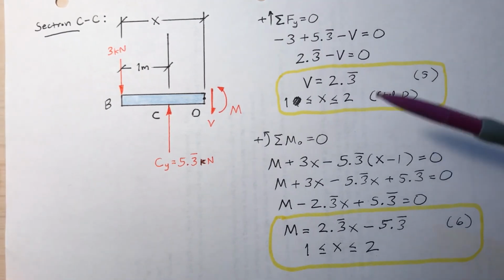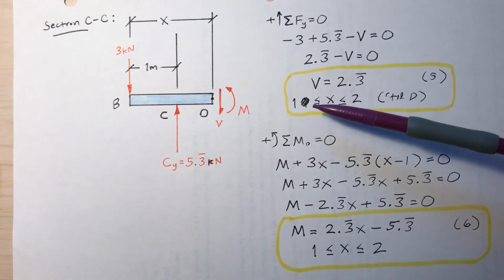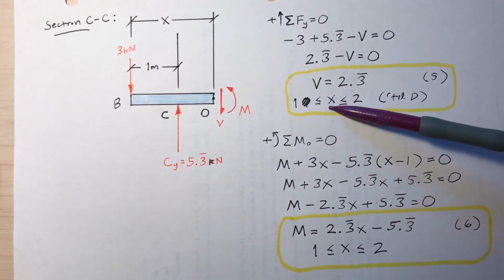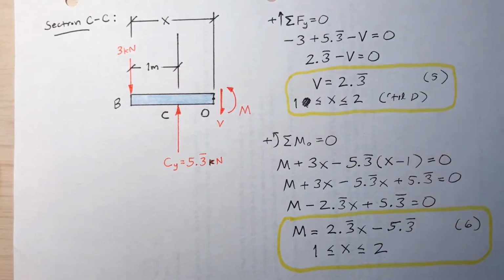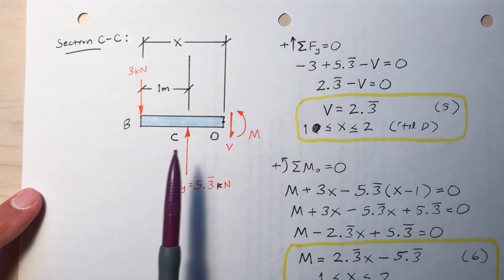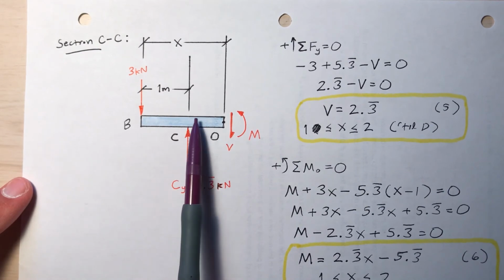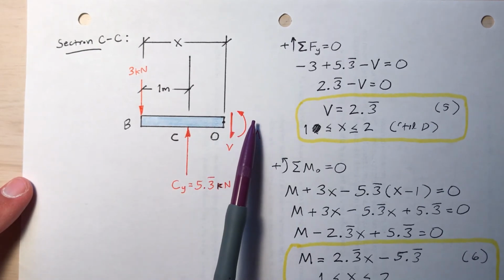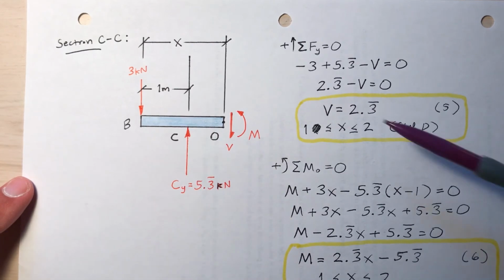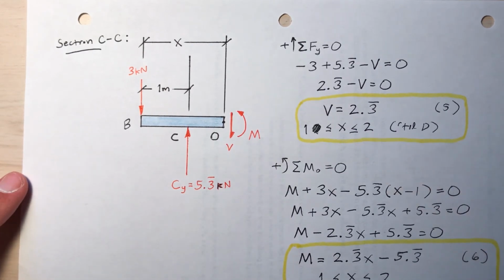Be careful, I made a typo here, and this is ink, and I'm not going to redo the whole thing. This is x between 1 and 2, so this shear of 2 1/3 applies for x between 1 and 2, the segment from C to D, which you can't see. That means until I get to point D.